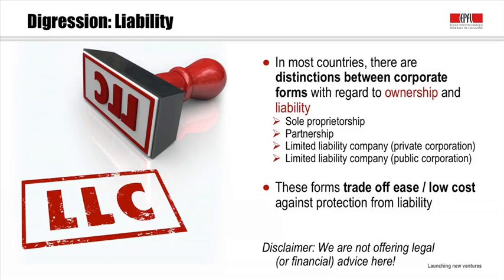Okay, what's the difference between these different forms? Well, the ones on the early part of this list here are easy to set up. They don't cost very much, if anything. Sole proprietorship costs almost nothing to set up.